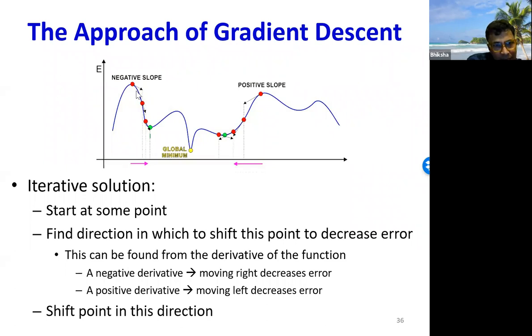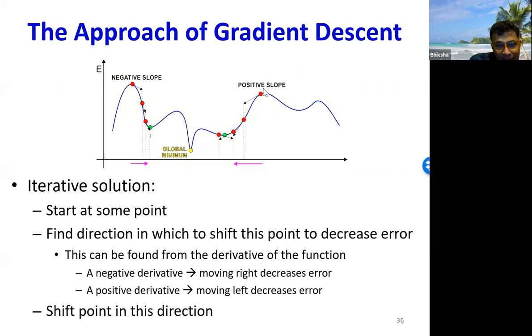If the derivative at any point is negative, it means the slope is negative, right? That means if you increase x, the function is going to decrease. So if your initial estimate is out here and you find that the derivative there is negative, then you want to shift your estimate forward. You want to adjust it forward.